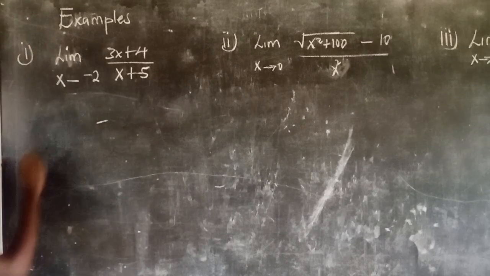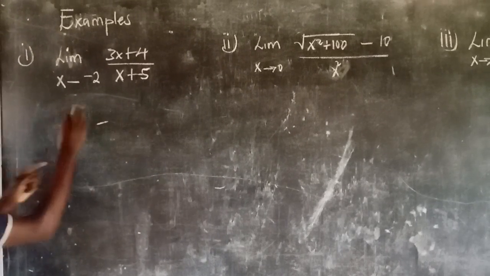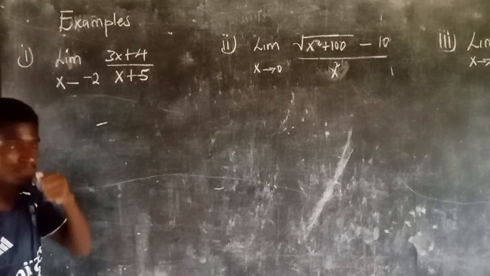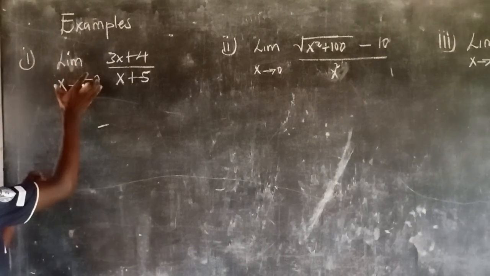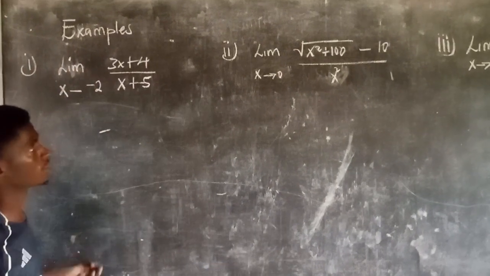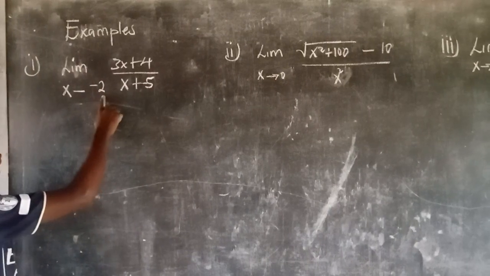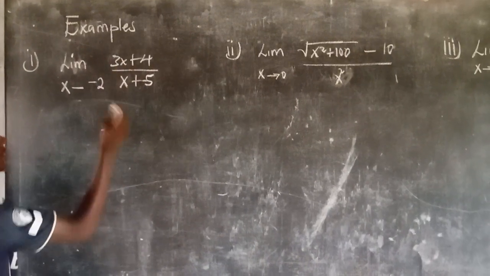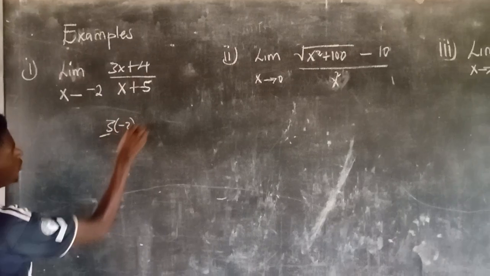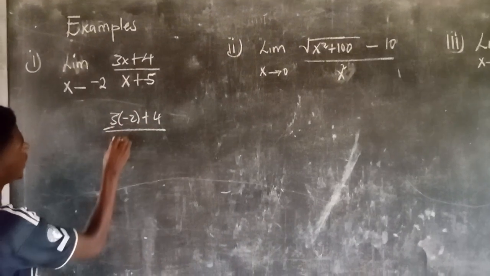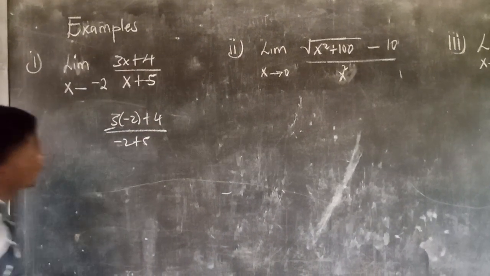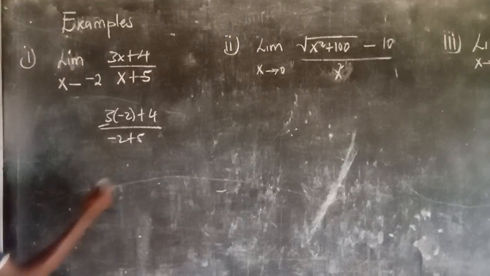So for the first example, we're going to do the direct substitution, and when you're doing direct substitution, you don't have to show the limit as x approaches something, no. Just substitute like that. When you substitute -2 where there is x, you have 3 times -2 plus 4 over -2 plus 5. So what is 3 multiplied by -2?